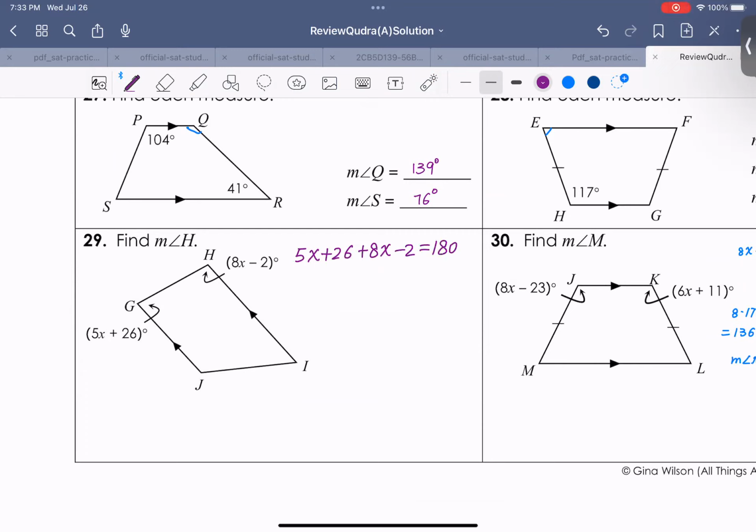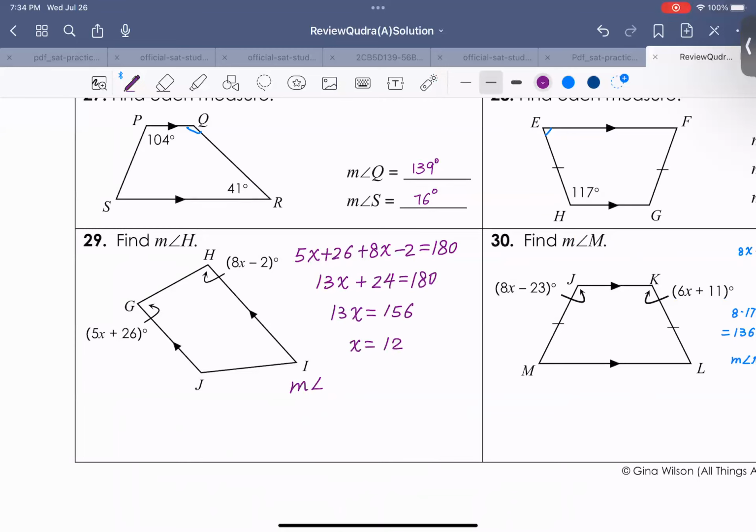Then 13x plus 24 is equal to 180. 13x is equal to 156, and x is equal to 12.